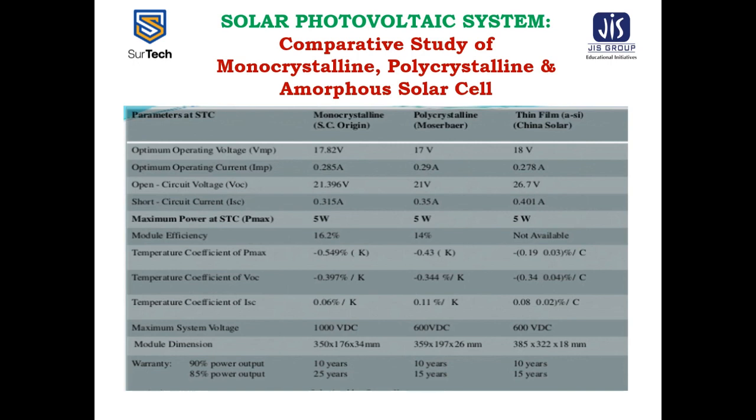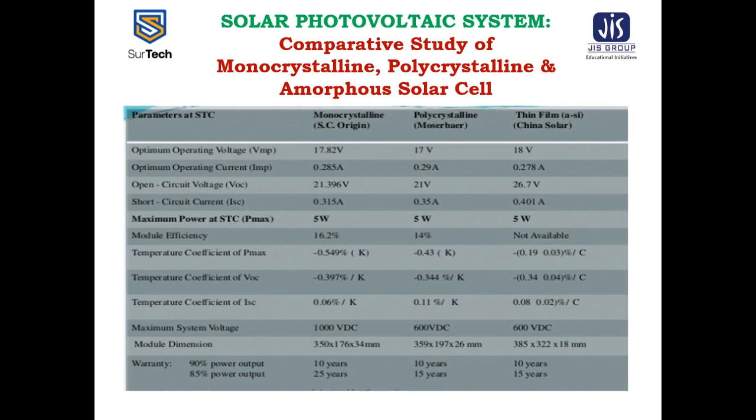Short circuit current is 0.315 ampere for monocrystalline, 0.35 for polycrystalline, and 0.4 ampere for the thin film. The maximum power, that is Pmax, for monocrystalline is 5 watt, polycrystalline 5 watt, thin film is also 5 watt. The module efficiency for monocrystalline is 16.2%, polycrystalline 14, and thin film is nearly 12.